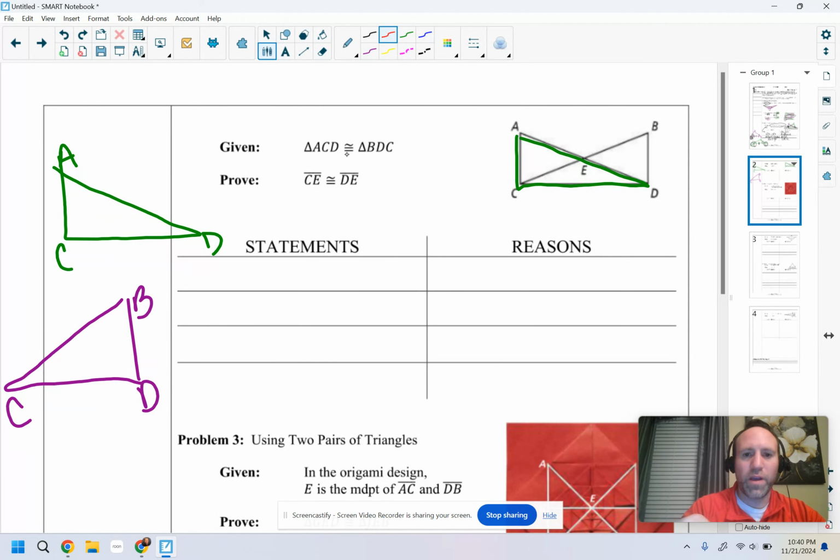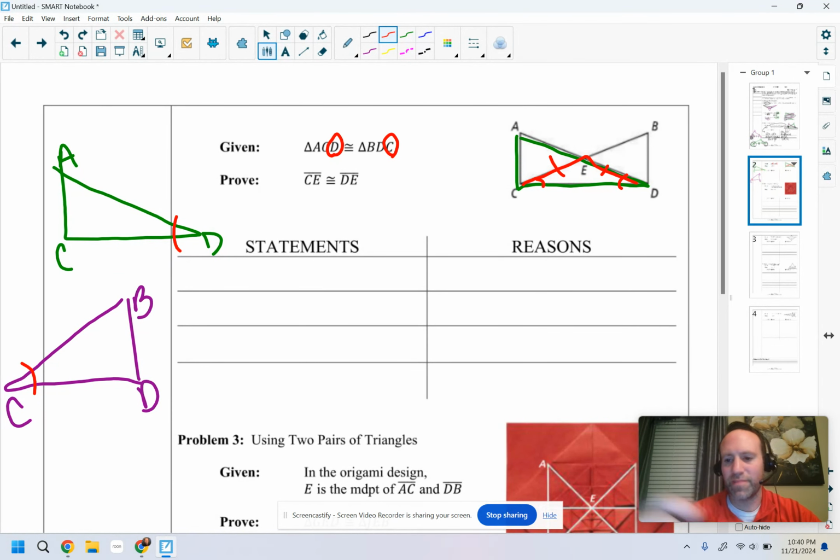If we look at the way it's written, we can see that angle D here is going to be congruent to angle C here. So by CPCTC, those two angles are congruent, which means that the sides opposite of them in this smaller triangle are going to be congruent by that converse theorem.